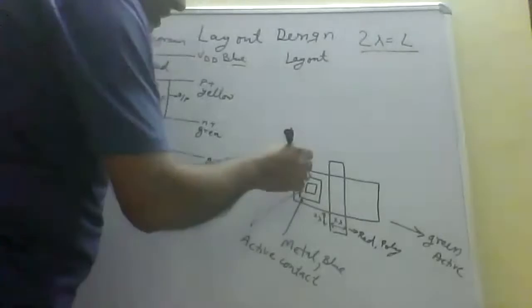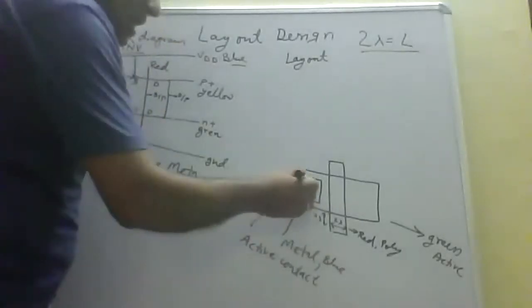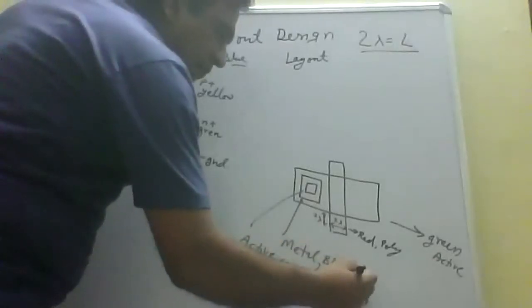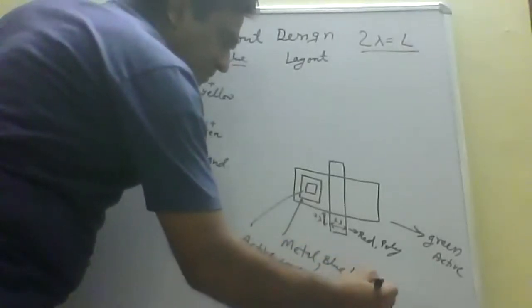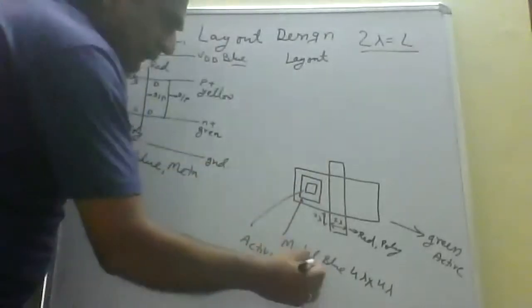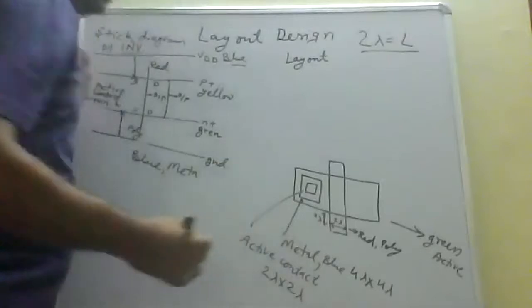So that's why we are discussing this. This will be metal, blue color, and this will be active. Now the dimension of metal is 4 lambda by 4 lambda. That is, its width and length are 4 lambda by 4 lambda, and the active contact is 2 lambda by 2 lambda. This is fixed here.